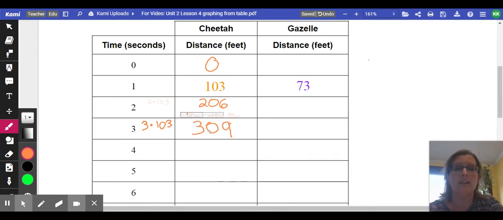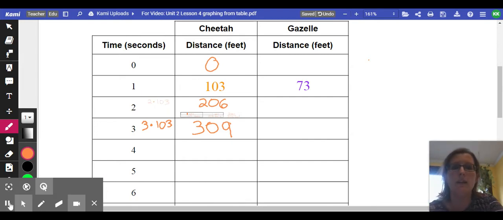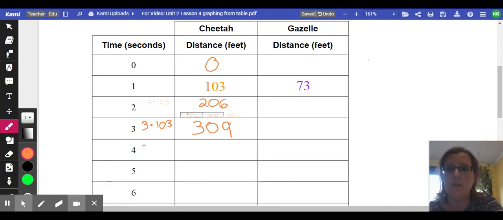So 3 seconds is 309 feet. And then we continue for 4 seconds. We'll do 4 seconds times 103 feet to get 412 feet. So in 4 seconds, the cheetah will travel 412 feet.